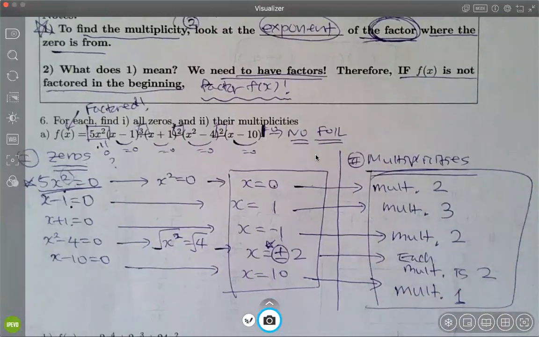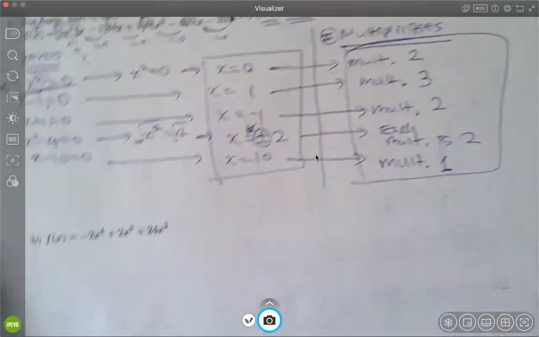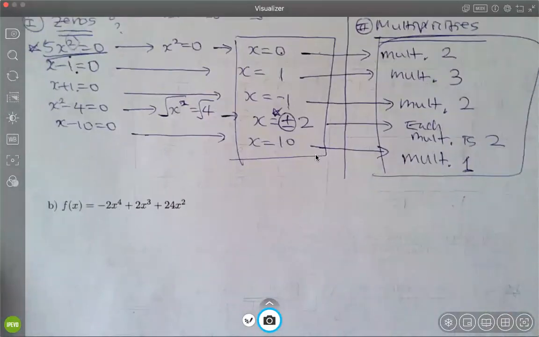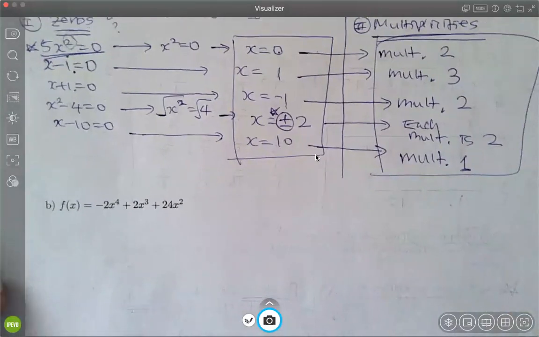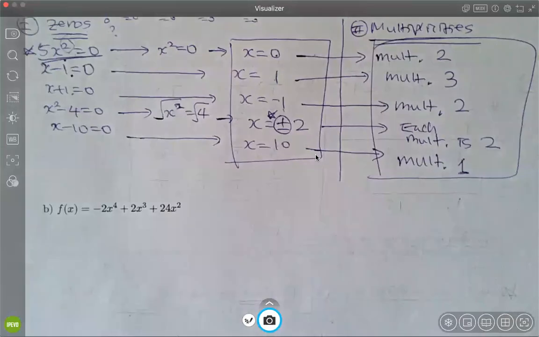Okay, so now that is A. And then B. F of x is equal to negative 2x to the fourth plus 2x cubed plus 24x squared. Now, are the multiplicities equal to 4, 3, and 2, the exponents?